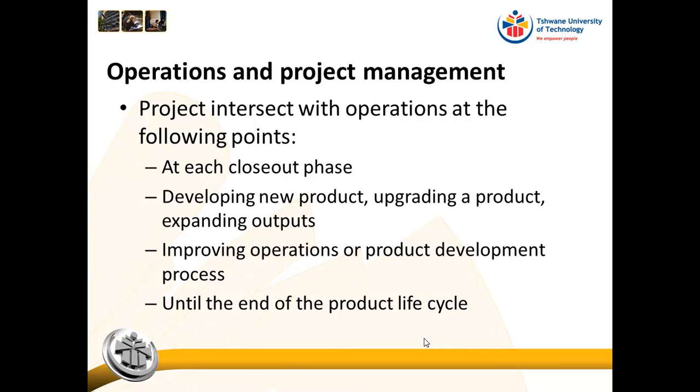So if I want my factory to make a new type of glass, say I've been making drinking glasses, but now I want to start making wine glasses, I will then institute a project that will change or upgrade my factory so that I can now produce the new product. Or if I want to make more drinking glasses every day, I will then have to have a project where I upgrade my factory in order to expand my outputs.